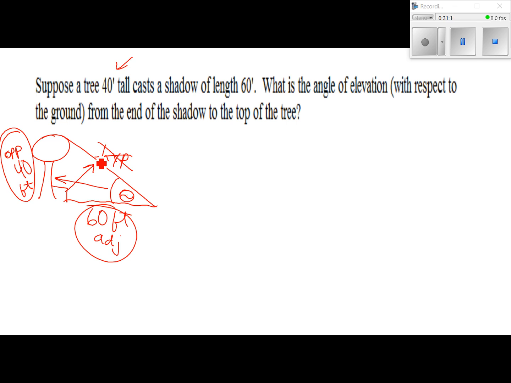So we figure out which trig ratio we use. Well, the trig ratio that uses opposite and adjacent, that's the TOA part of SOHCAHTOA. So we're going to use tangent of theta, because that's the angle we're looking for, equals opposite over adjacent. So 40 over 60, ignore all that stuff.